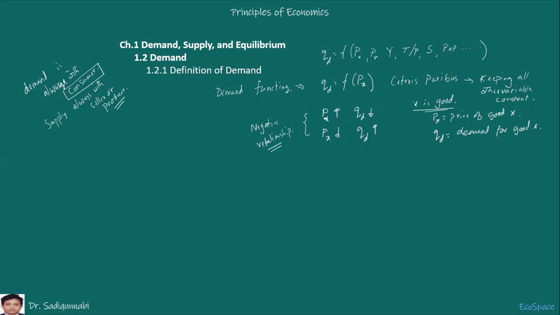All right. So this negative relationship is called the law of demand. And when you write down ceteris paribus with these symbols, then it is called the law of demand.